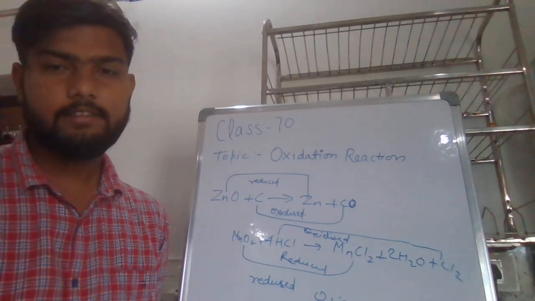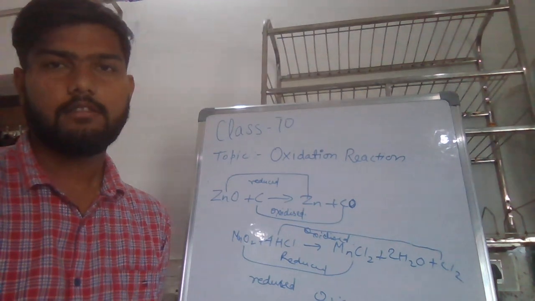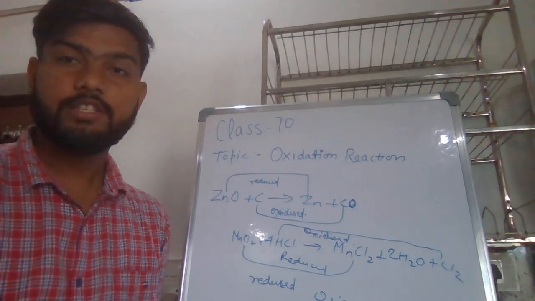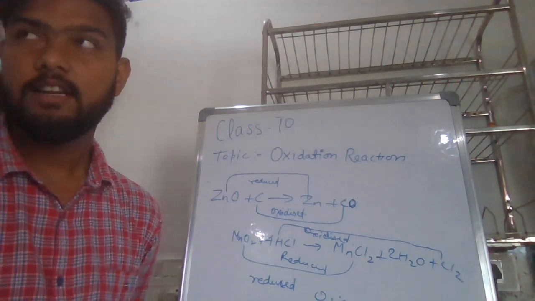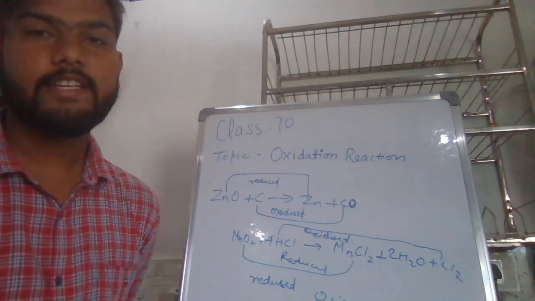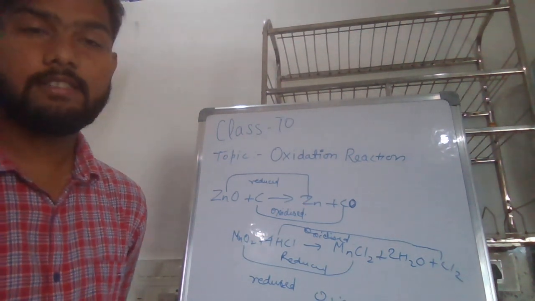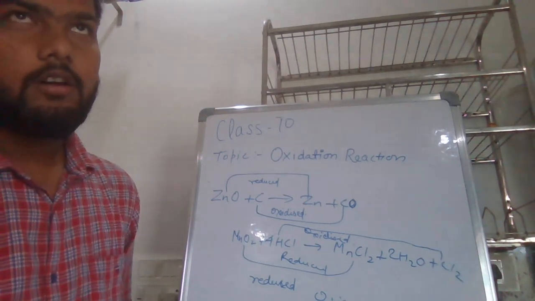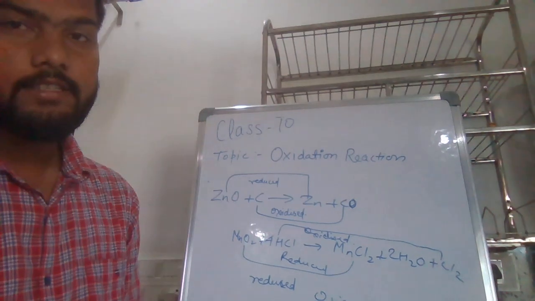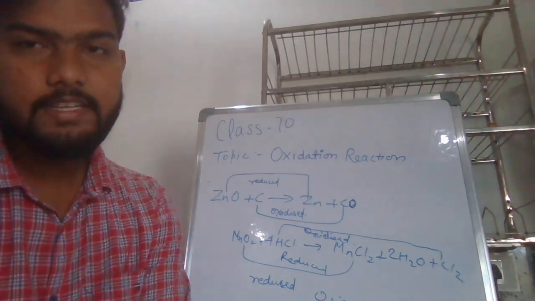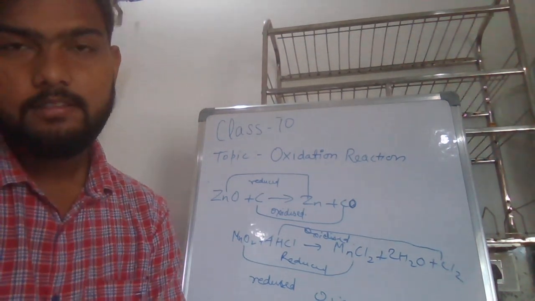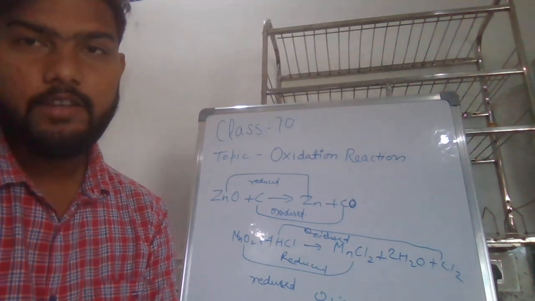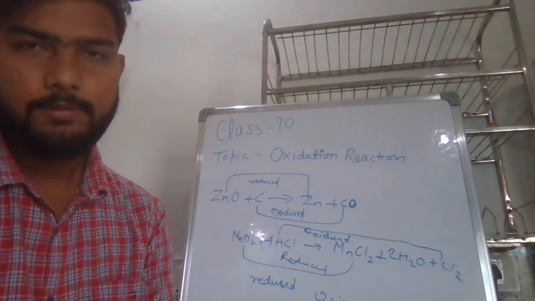So let's recall our today's class. In our today's class we have learned about oxidation and reduction reactions. Now let's summarize. First we discussed the oxidation reaction. What is the oxidation reaction? It is a reaction in which oxygen is gained by a substance, and a reduction reaction is one in which oxygen is lost from a substance.